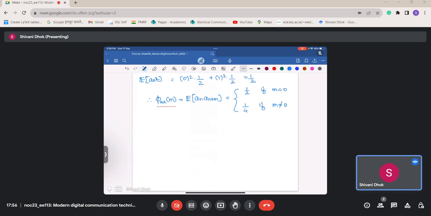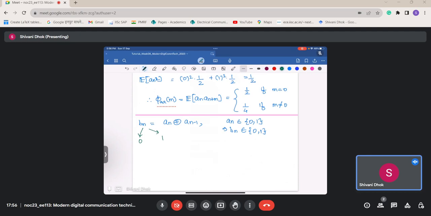Now let us look at this B_n is equal to a_n XORed with a_{n-1}. Now this a_n belongs to 0 and 1, which means that this B_n will also belong to 0 and 1. So what it simply means is this B_n can take value 0 and 1 only.